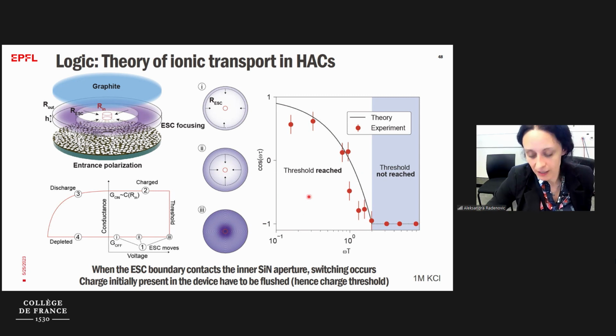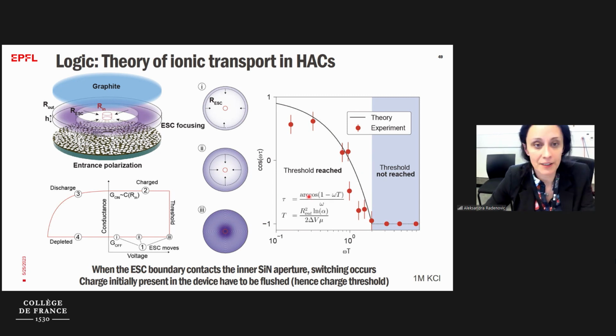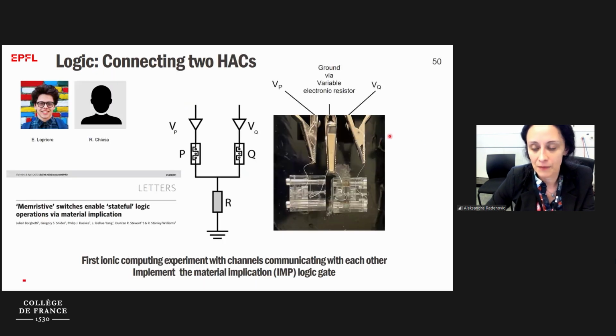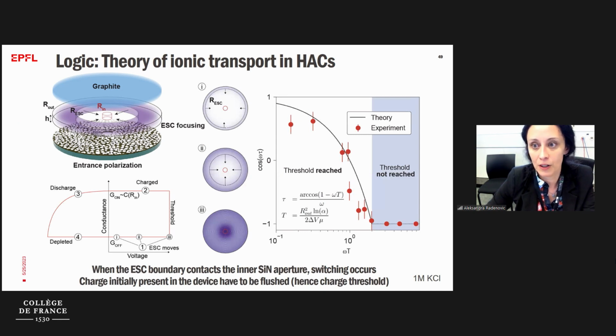Now, with the model in hand and also some understanding of how the devices are operating, we started to think of how to exploit this switching behavior, and also to build logic circuits. In order to do that, we teamed up with colleagues from LANES, the laboratory that builds memristive circuits using electronics.